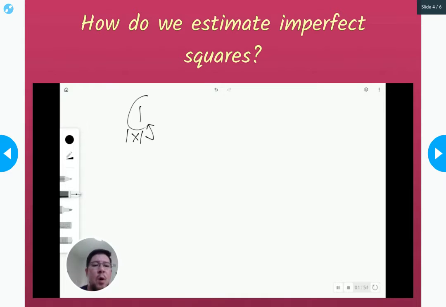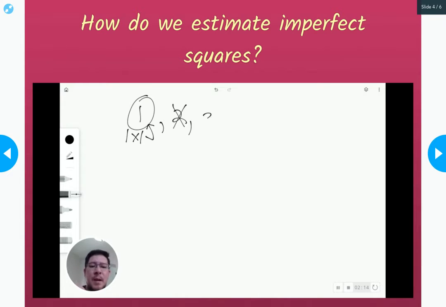So 1 is a perfect square. What about 2? Not 2. If I tried to think of two identical numbers that gave me 2, maybe 1 point something times 1 point something, or 1 and some fraction times 1 and some fraction, but again, we're talking about decimals and fractions. So 2 is not a perfect square.